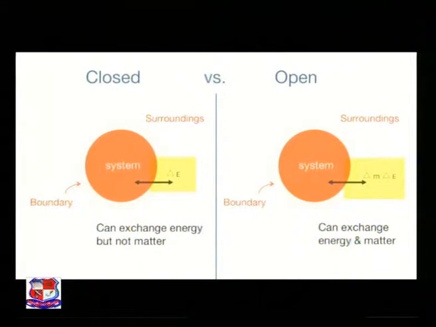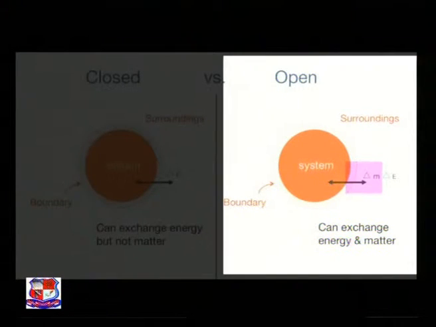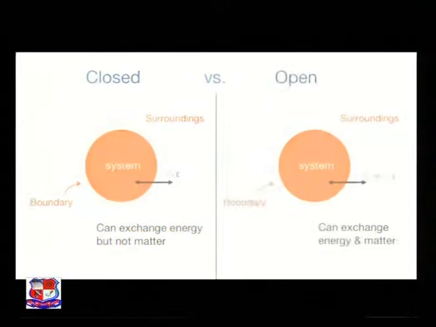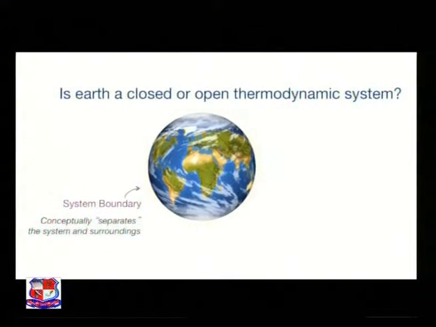However, only open systems can exchange matter with the surroundings. This means that any mass used in a closed system must come from within the system and stays within the system. One question you might ask yourself is Earth a closed or open thermodynamic system?